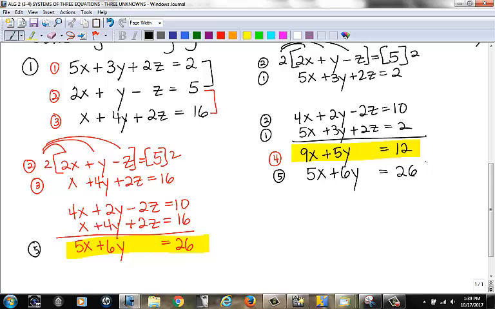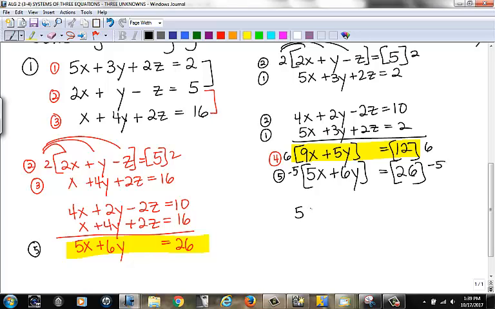Let's do it the way I did on my notes. So I eliminated the y. I'm going to multiply this equation by 6 on both sides, and multiply this equation by negative 5 on both sides.